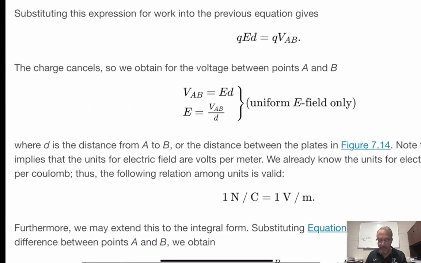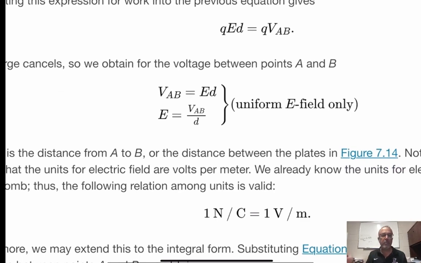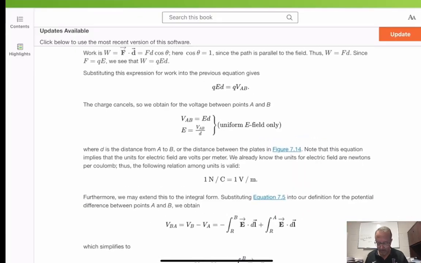So V, the potential between two points in a uniform electric field, that would be like between the plates of a parallel plate capacitor, is equal to E times D. So E is equal to V over D, but that's only true for a uniform electric field like you have between the plates of a parallel plate capacitor.